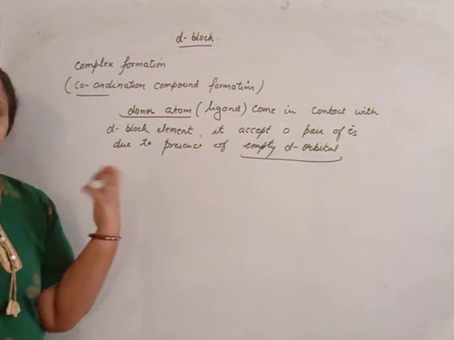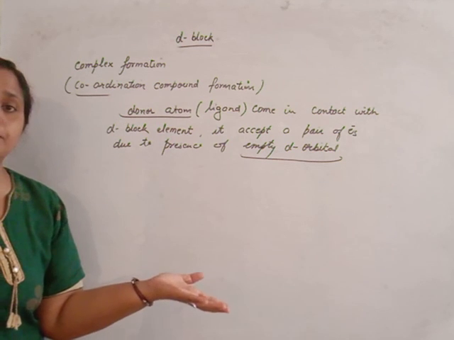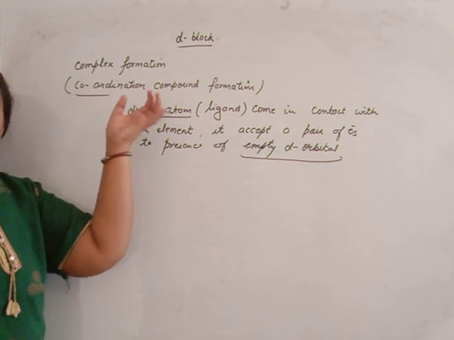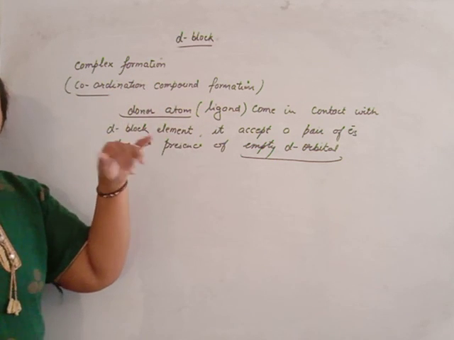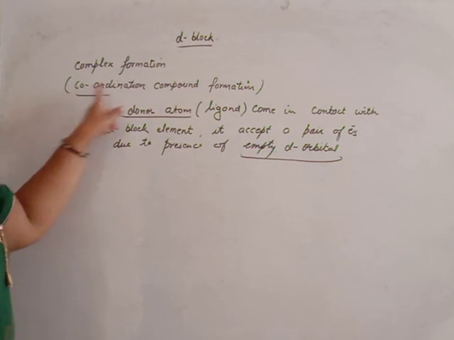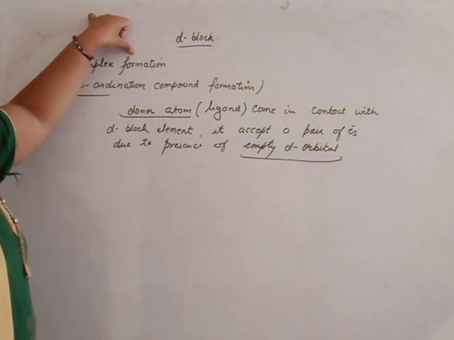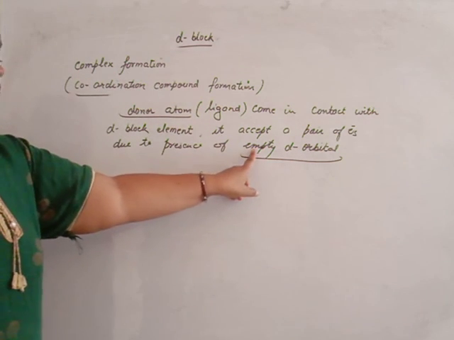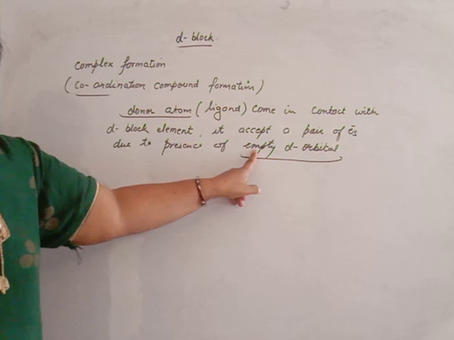And if they have tendency to accept the electrons from donor species, that means coordinate bond is formed, and the compound formed by this type of bond is known as coordination compound or complexes. D block elements have tendency to form complexes due to presence of empty d orbital. Thank you, beta.